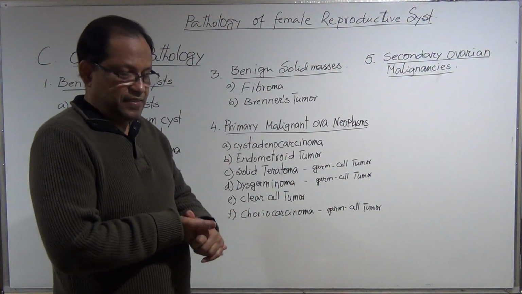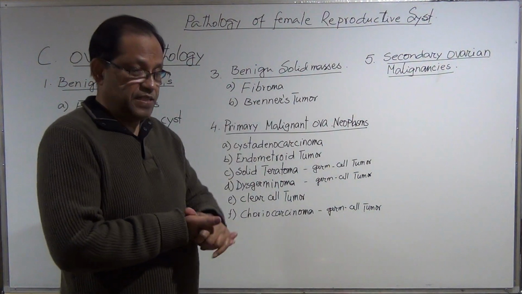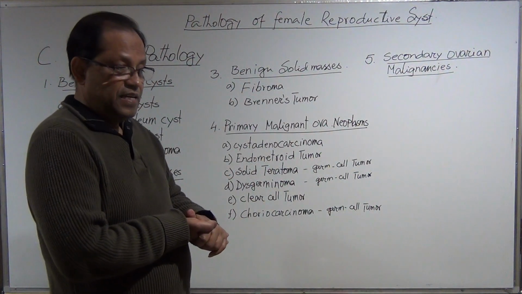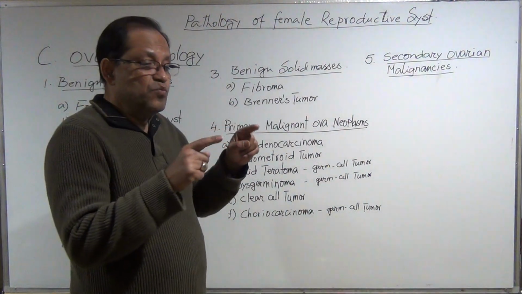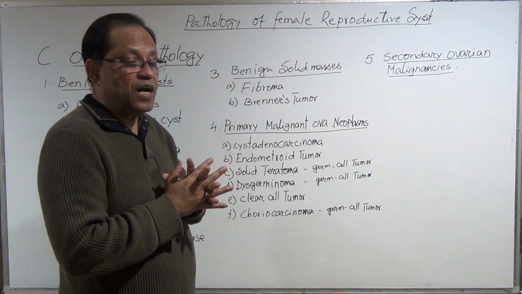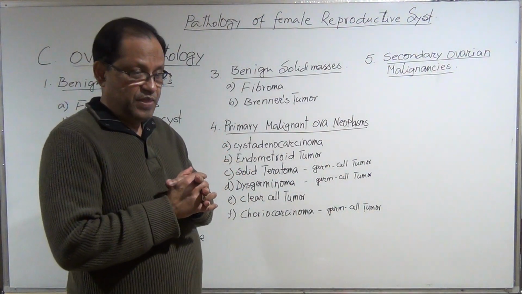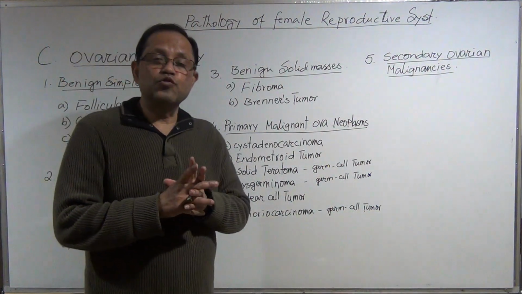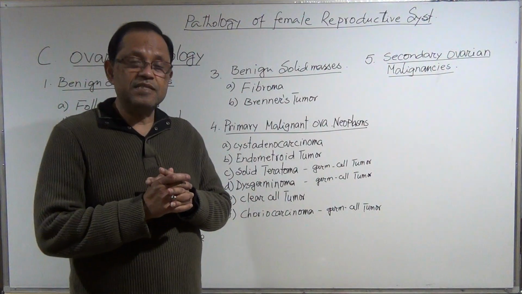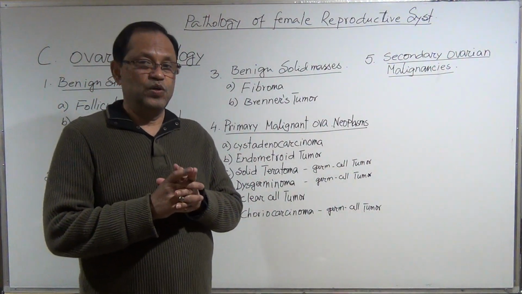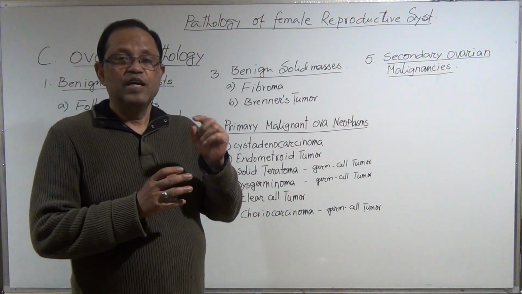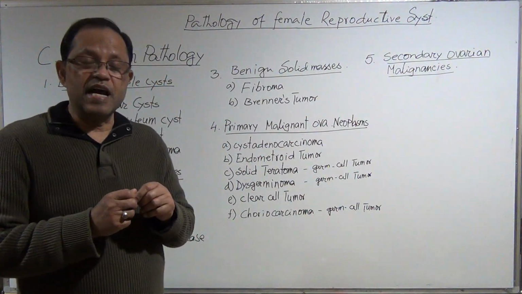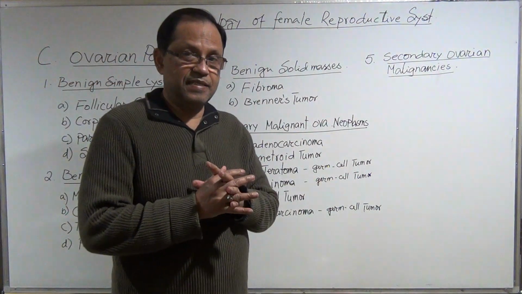Click the color. If it is a corpus luteal cyst, you will see there is more vascularity around the corpus luteum, and the resistivity index of the ovarian artery is low. Okay? The resistivity index of the ovarian artery will be less.